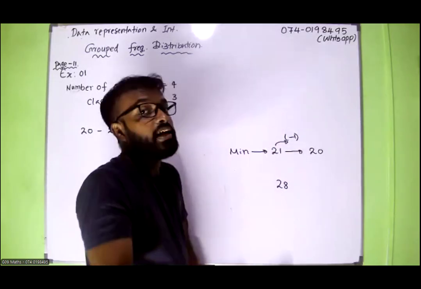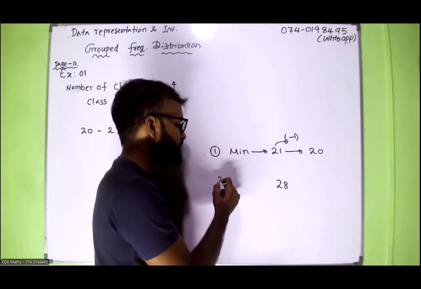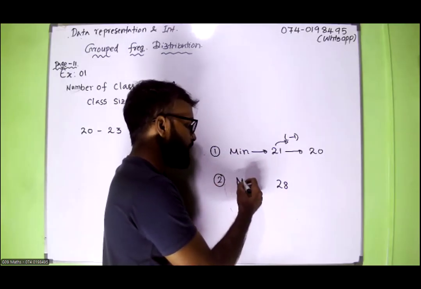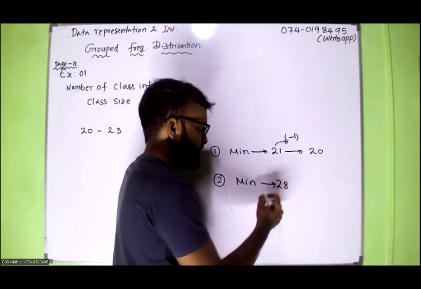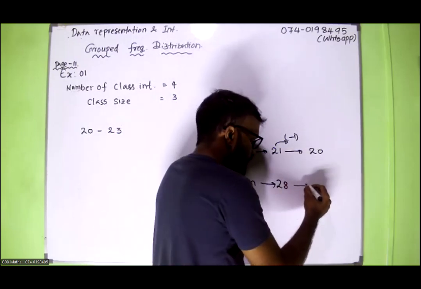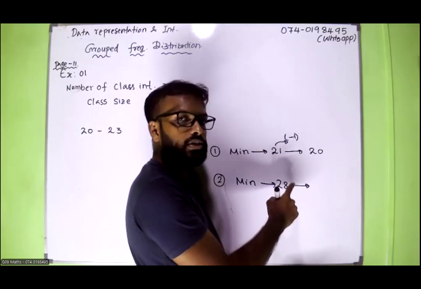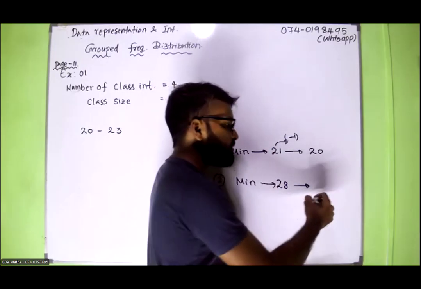For another example, I will say this is example number 1 and this is example number 2. The minimum value is 28, and it would be better if you begin not from 28 but from 27.